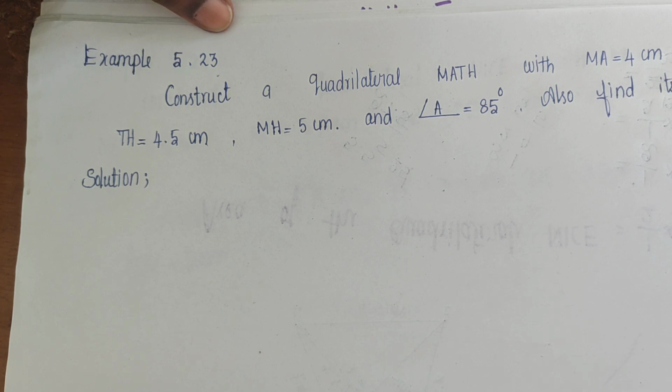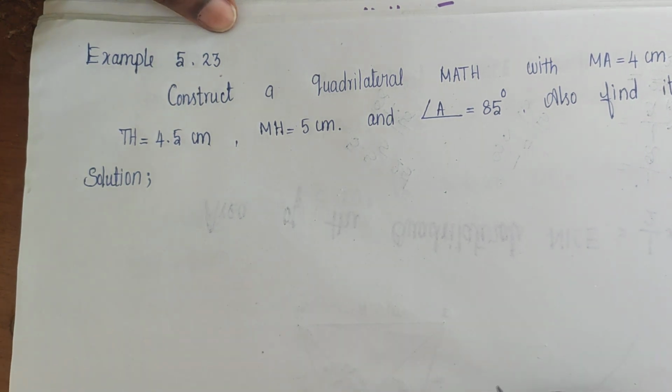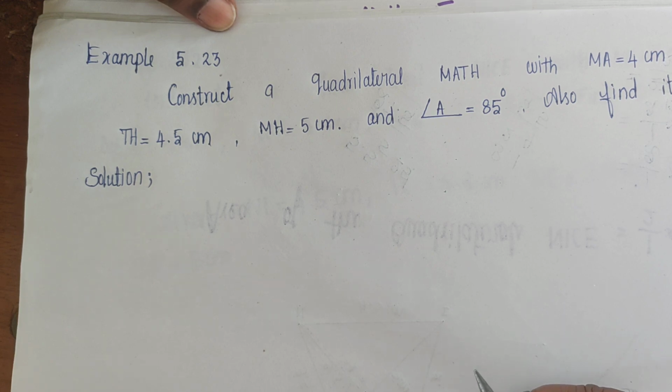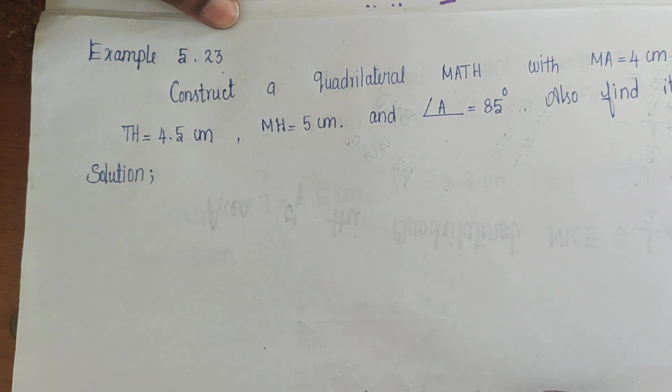Construct a quadrilateral MATH with MA equal to 4 cm, AT equal to 3.6 cm, TH equal to 4.5 cm, MH equal to 5 cm, and angle A equal to 85 degrees. Also find its area.